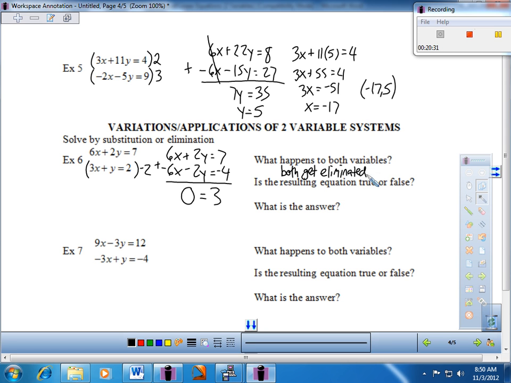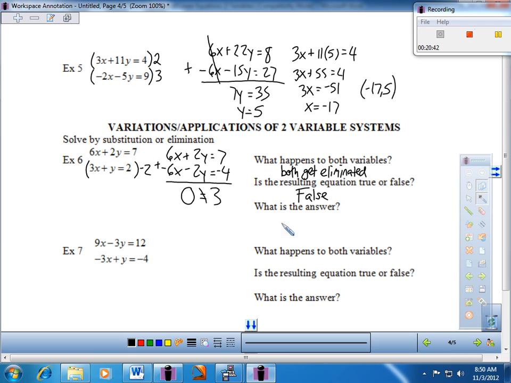And then it says, is the resulting equation true or false? And as you can see, all I have is something that says 0 is equal to 3, and that simply is not true. And so as a result, no matter what I put in for x and y, I get a statement that is not numerically correct. No matter what happens here, I can never get that equation to balance out and be true.